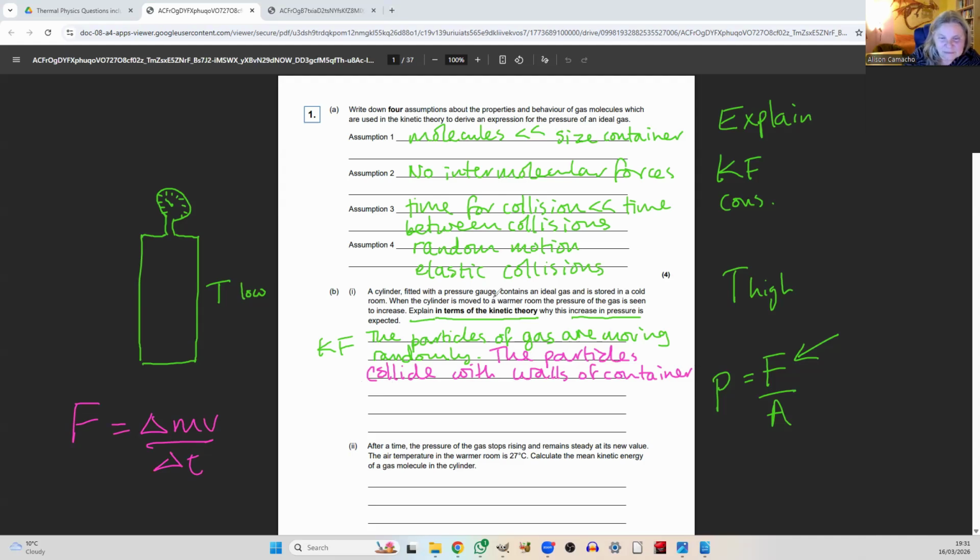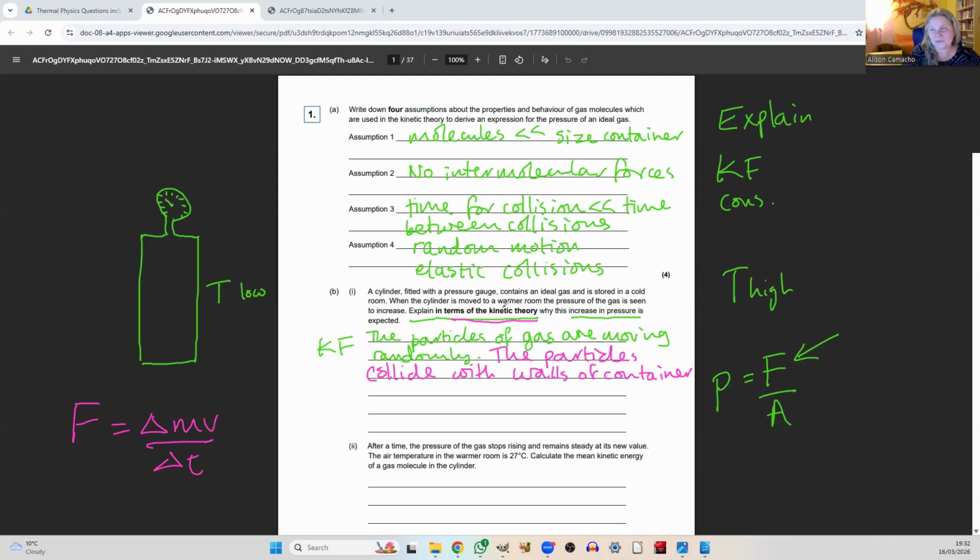Can you remember going through kinetic theory and how you derive that PV is a third N m c squared? Yeah, that derivation. The steps were the assumptions, then the particles colliding with the wall, and the change in momentum of the particle.